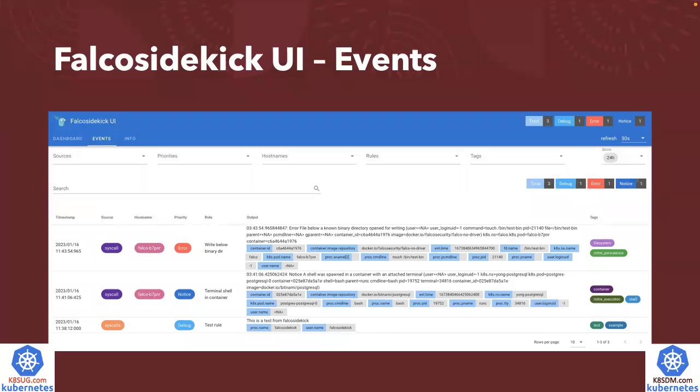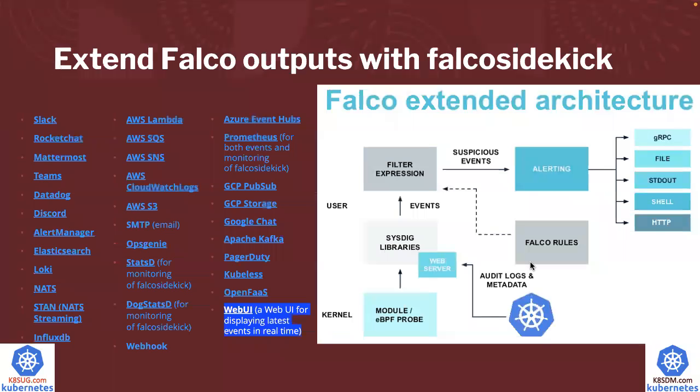I personally love this because from the command line, you see all the same color, so it's hard to identify whether it's a problem or not. This gives you the host name, whether the priority is an error, a notice, or a debug.